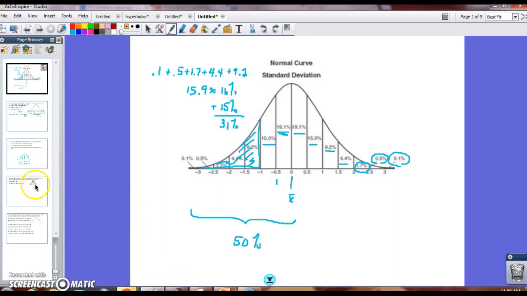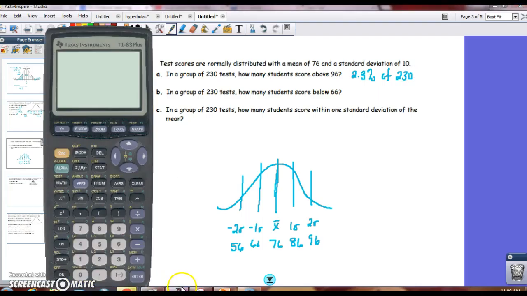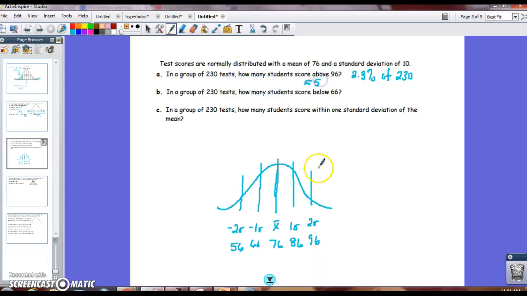So to do this problem, all I'm going to do is say 2.3% of 230. 2.3% as a decimal is 0.023, times 230. That gives me 5.29. So how many students score above 96? We can't have 0.29 of a student, so you can say about 5 students.